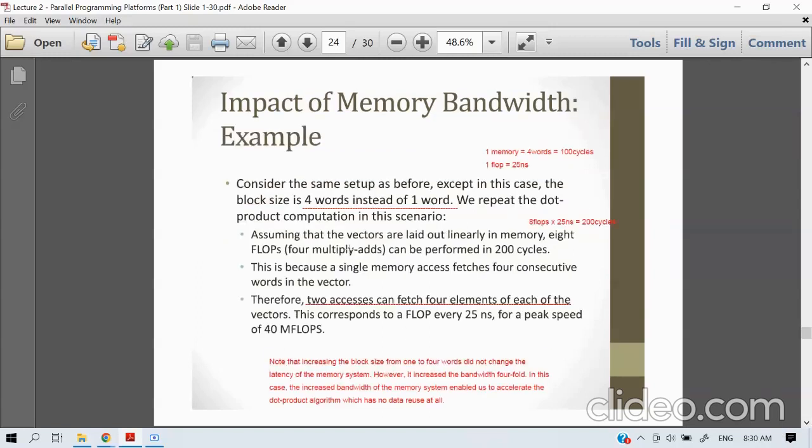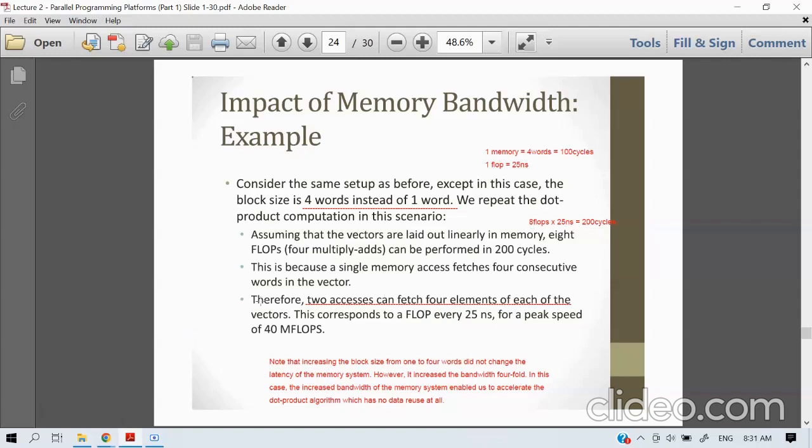Okay, so look at the example. Still consider the same setup as before. However, this case has a block size of 4, so 4 words instead of 1 word. The operation is a dot product computation. In this scenario, assume that the vectors are laid out linearly in memory. 8 flops can be performed in 200 cycles.